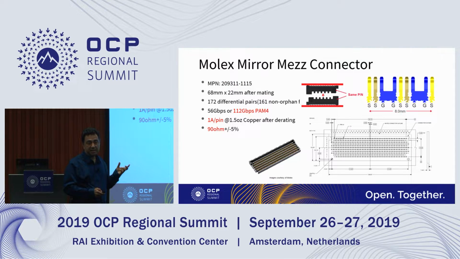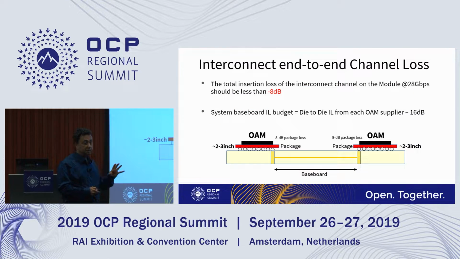It is based on a suitable connector to be high speed. The connector itself is capable of 56 gigabaud, or 112 if it is in a PAM4 format. But it will be limited by the environment that it gets plugged into.